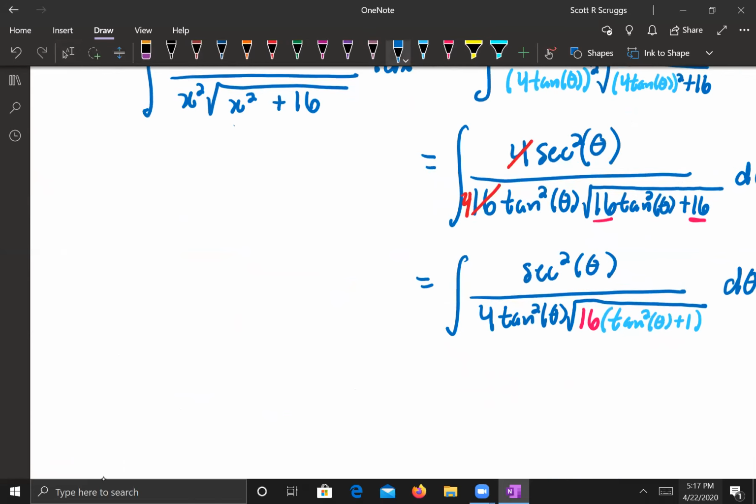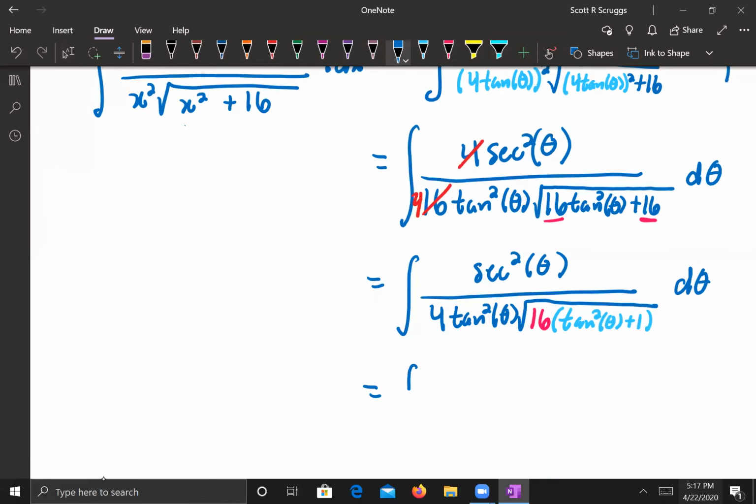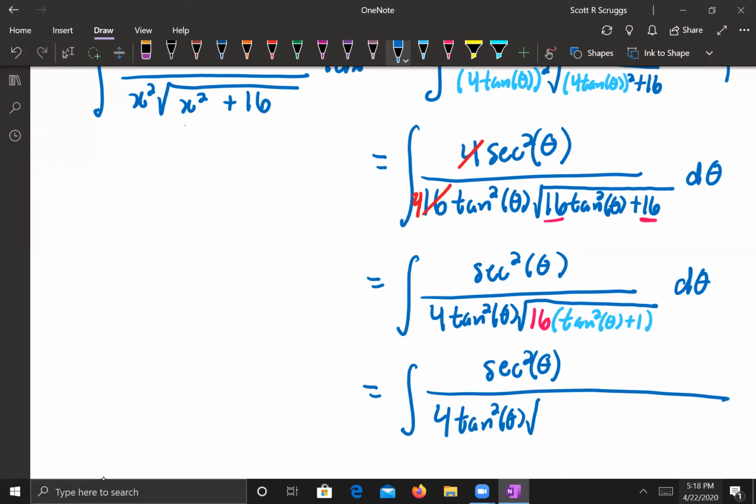And this is now the step where I use that fact and replace that tangent squared of theta plus 1 with secant squared of theta, giving me the integral of secant squared of theta divided by 4 times tangent squared of theta, square root of 16 times secant squared of theta d theta.